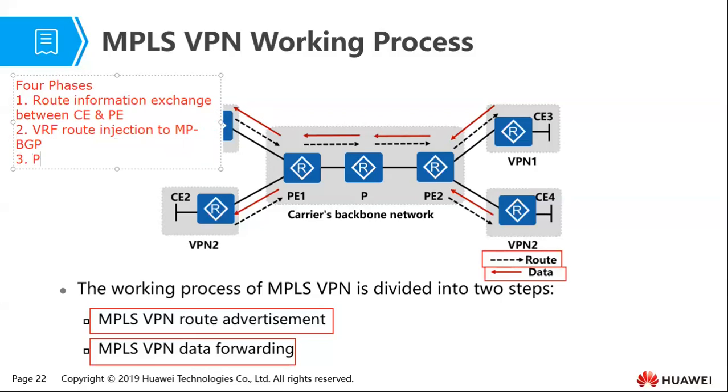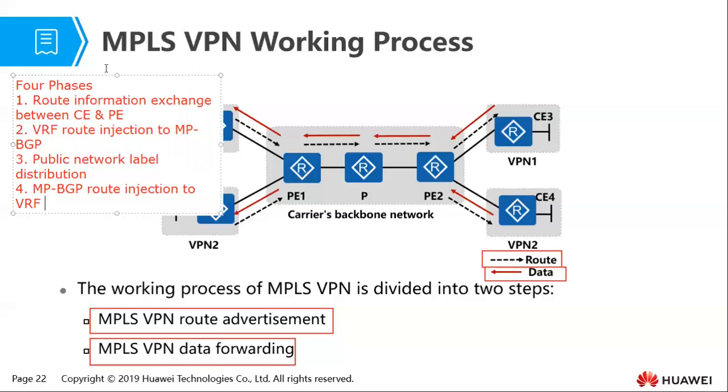Then number 3 is public network label distribution. This is simply MPLS using LDP. Then the last bit is MP-BGP route injection to VRF again on the other side. So let me just explain this.